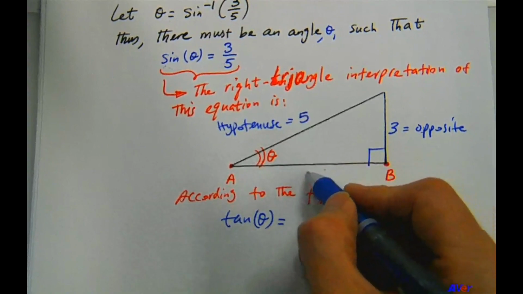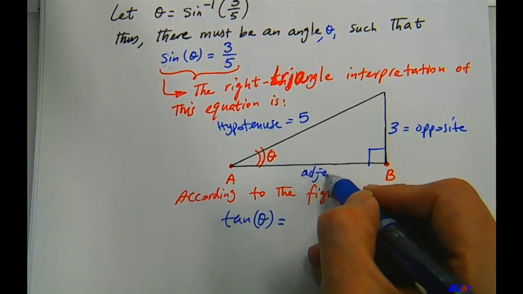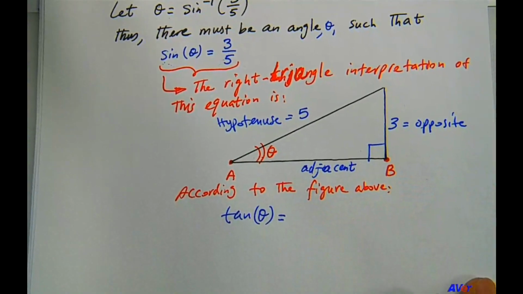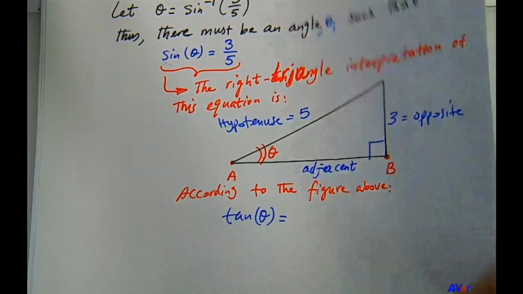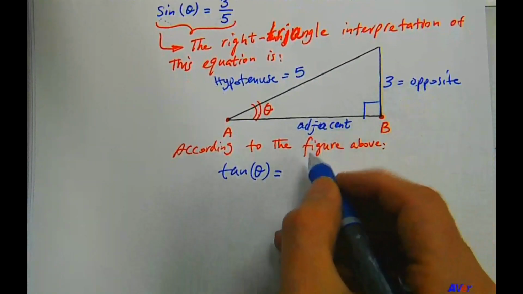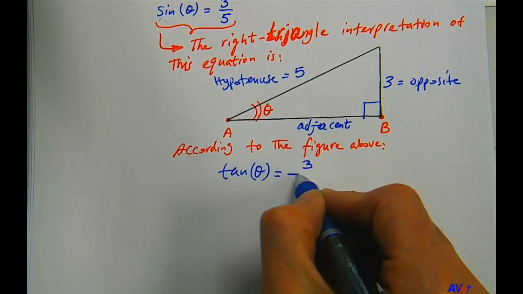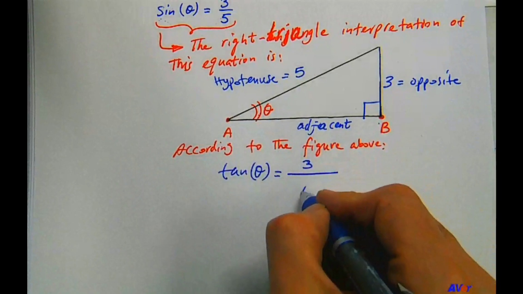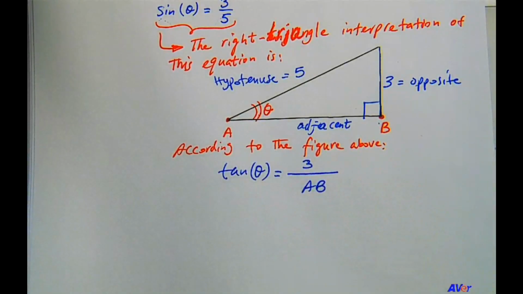And this is the adjacent. So tangent of theta is equal to the opposite divided by the adjacent. So 3 divided by the adjacent, which is AB. Write that like that, right?